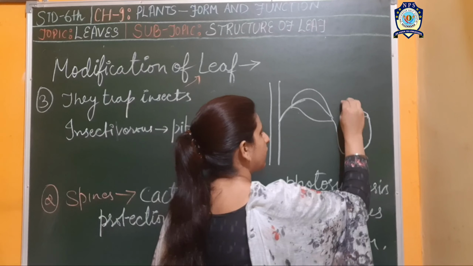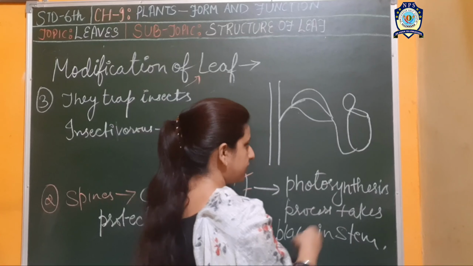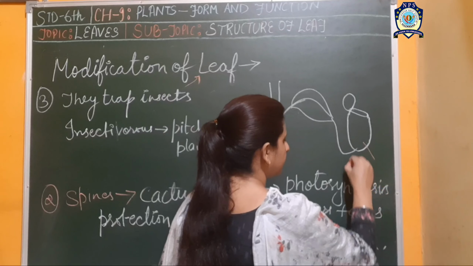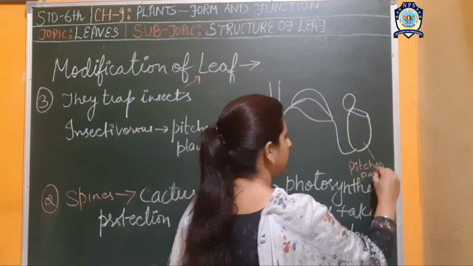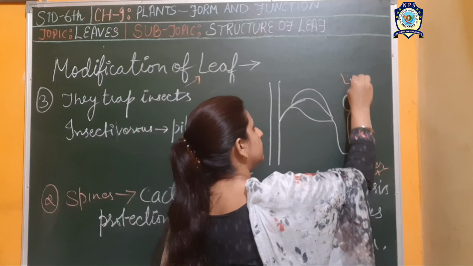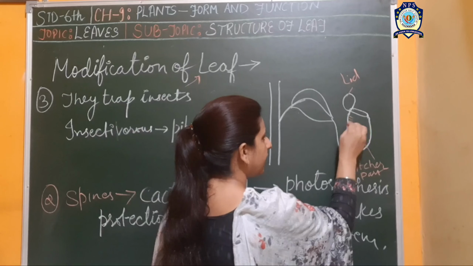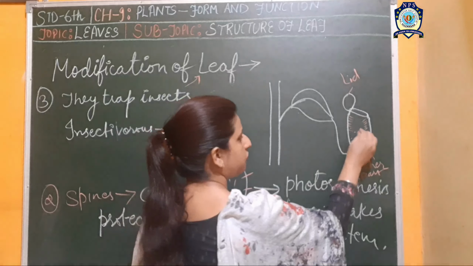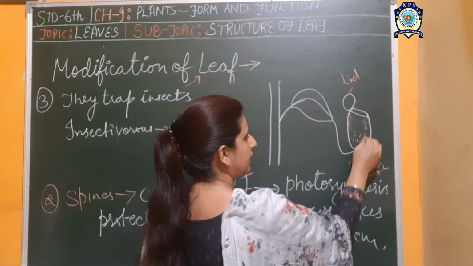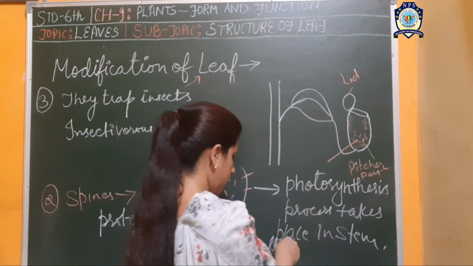This structure has got a lid also. This is the pitcher part. This is the lid. Also it has hairy structures inside the pitcher, and it is filled with the digestive fluid.